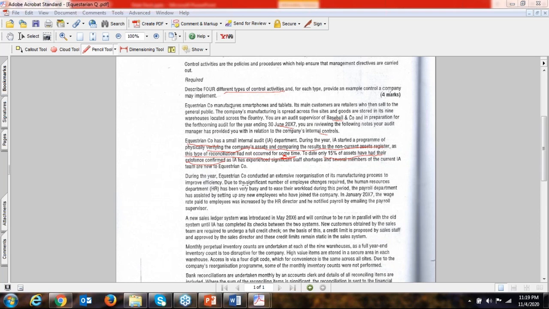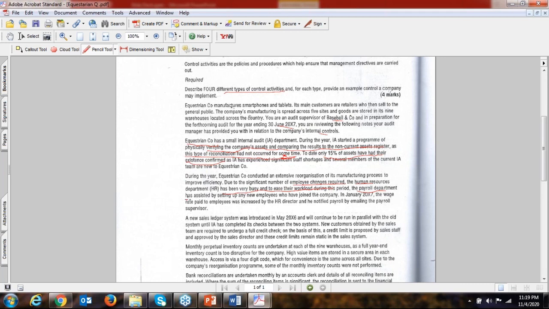Now, in the next paragraph: during the year, Equestrian Company conducted an extensive reorganization of its manufacturing process to improve efficiency. Due to the significant number of employee changes required, the human resource department has been very busy, so the payroll department has assisted.